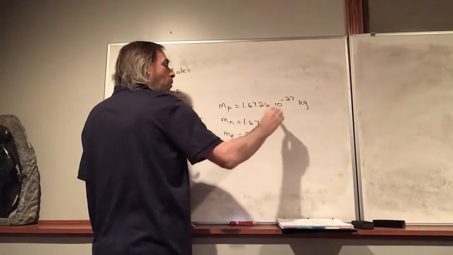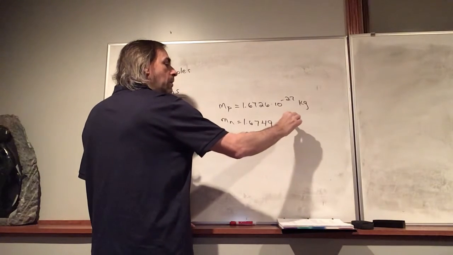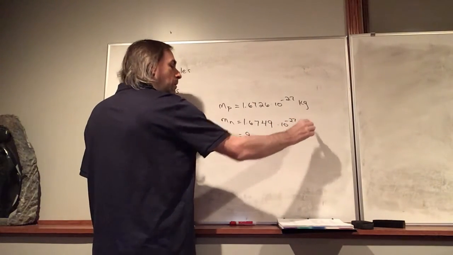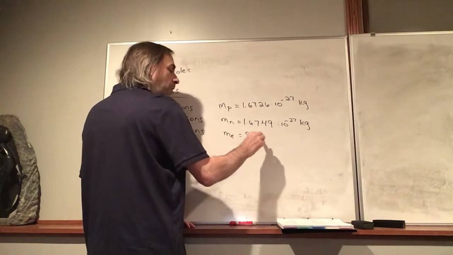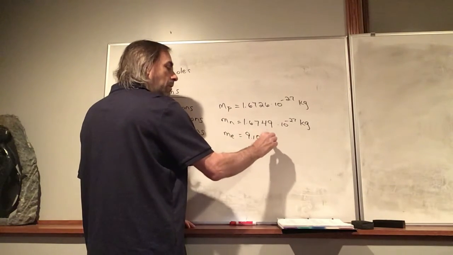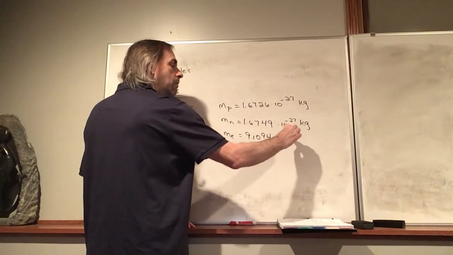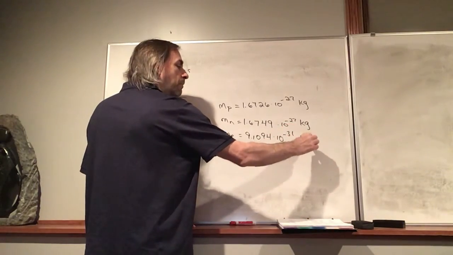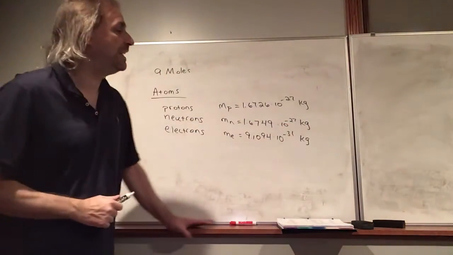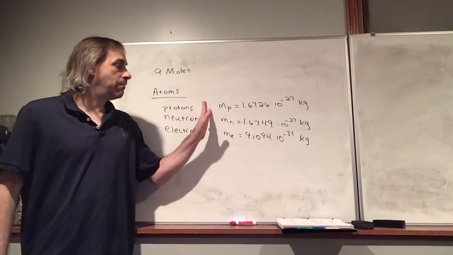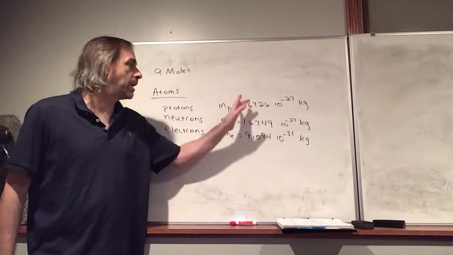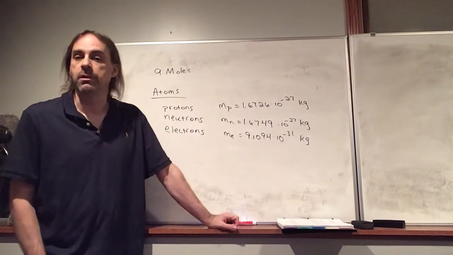Usually I just remember 1.67, and the electron, if we want significant figures. Now these are incredibly tiny numbers, like 26 zeros and then 167 kilograms.